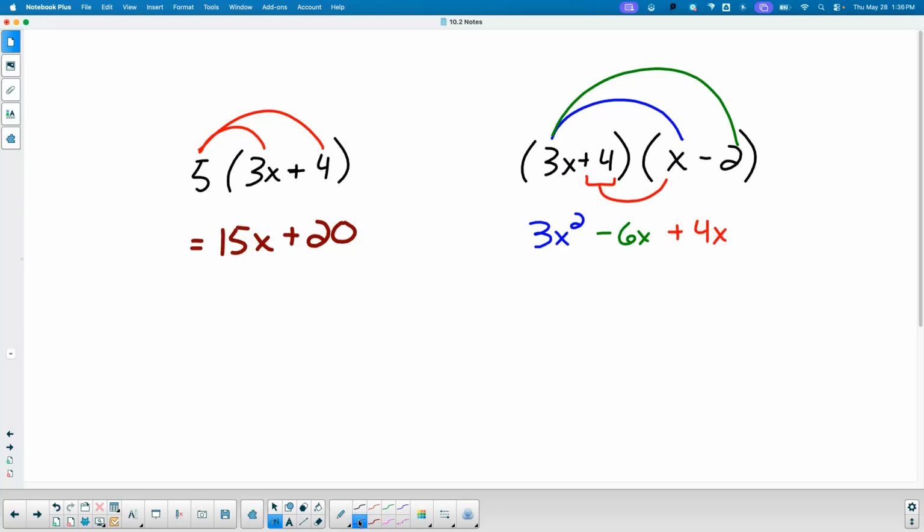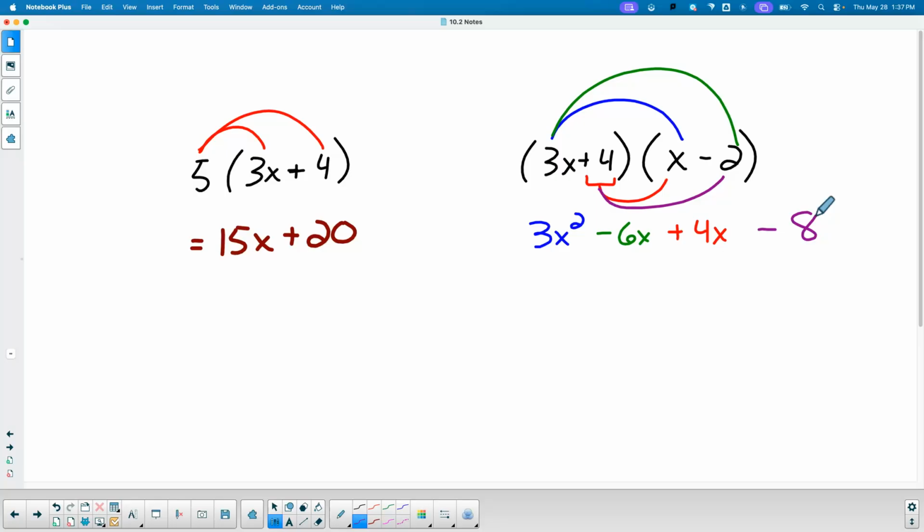Then we have to take this positive 4 and multiply it into the negative 2. Do I like this statement as it's written? Why not?